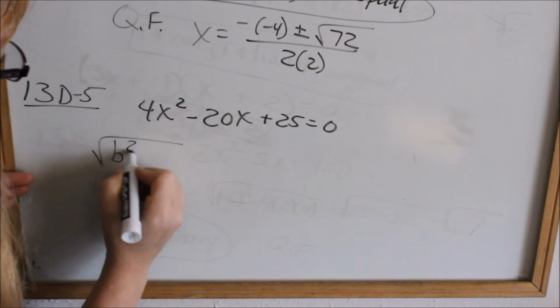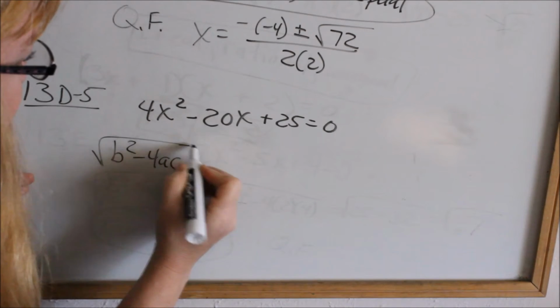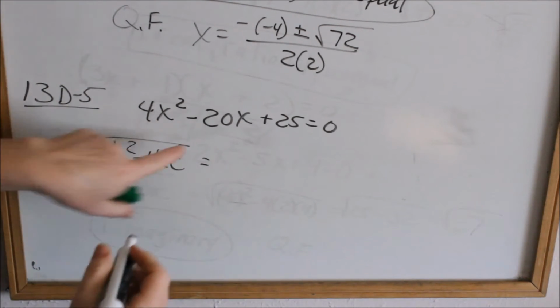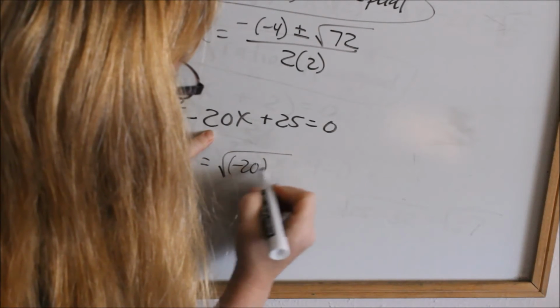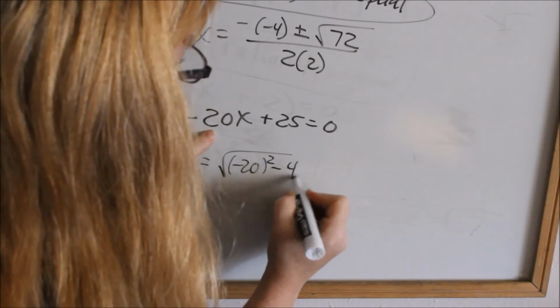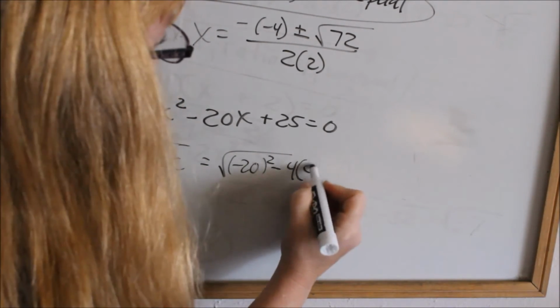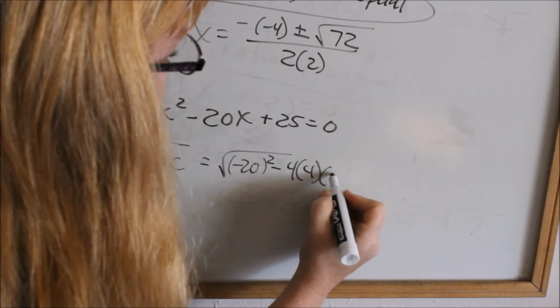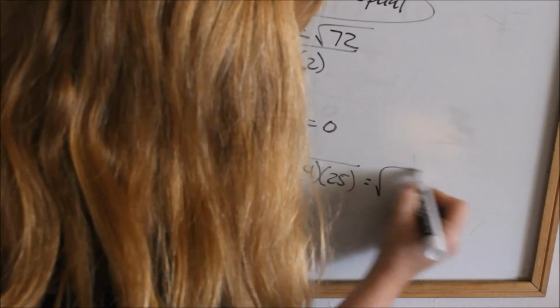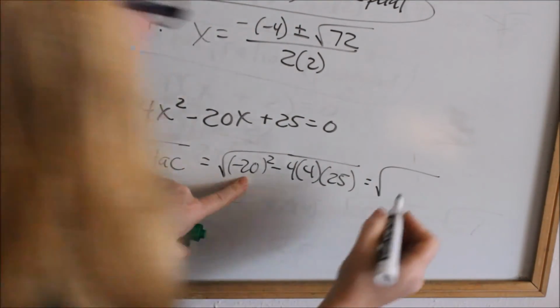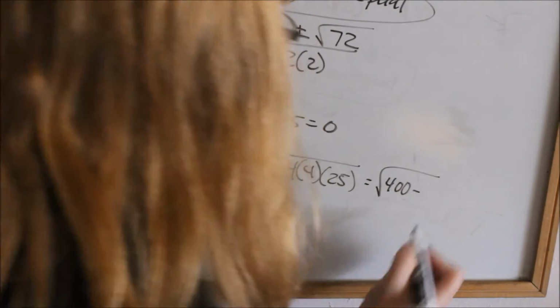So this is the discriminant, b squared minus 4ac. Okay, b squared is negative 20 squared minus 4 times a, which is 4, times c, which is 25. So that's going to be negative 20 times negative 20, which is 400.